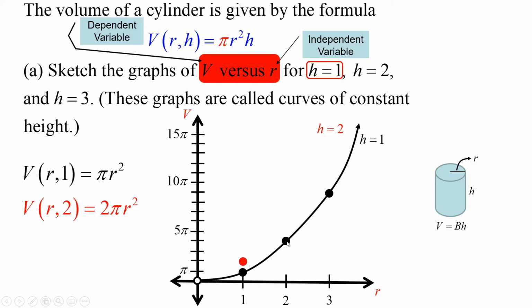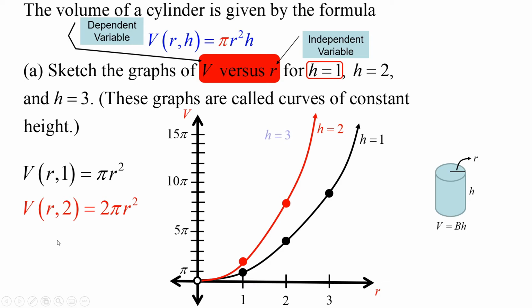And if I double this output, which was 4 pi, it's now going to be up here at 8 pi. And if I double this output, which was 9 pi, I'd be at 18 pi, which I don't have room for. So I'm just going to wing it, like, there it is. And there's my curve. V of r comma 2 is 2 pi r squared, and I see that r has to be greater than 0 again.